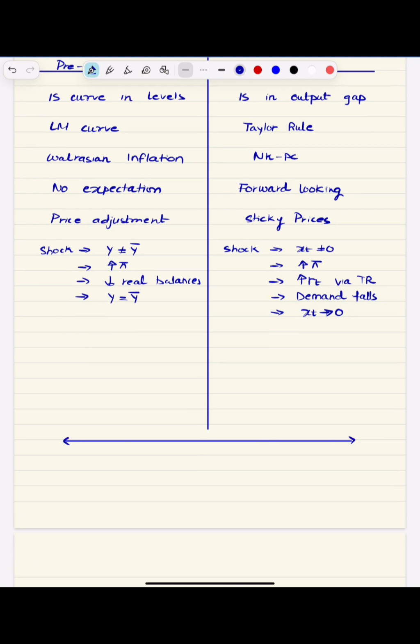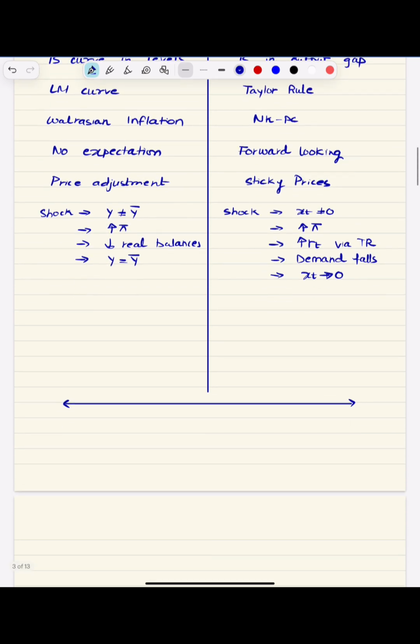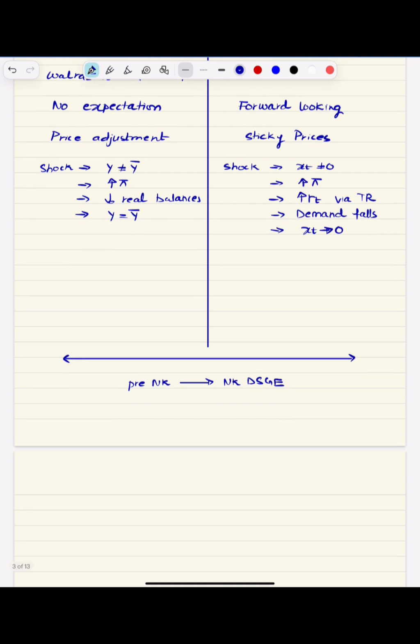So you see that you have this thing in your brain that there was a pre-New Keynesian framework, and now we're transitioning into a New Keynesian DSGE model. And it's interesting because it's going to have three equations: we have the New Keynesian IS curve, the Taylor rule, and the Phillips curve, and we're going to derive each of these in separate lessons.